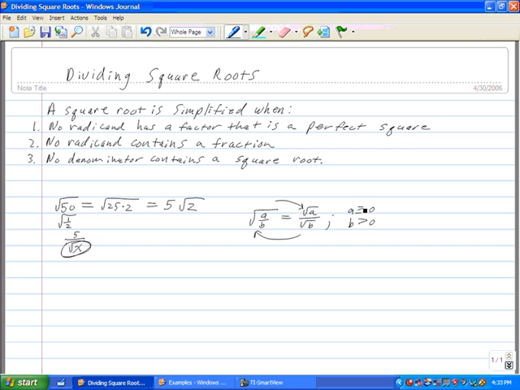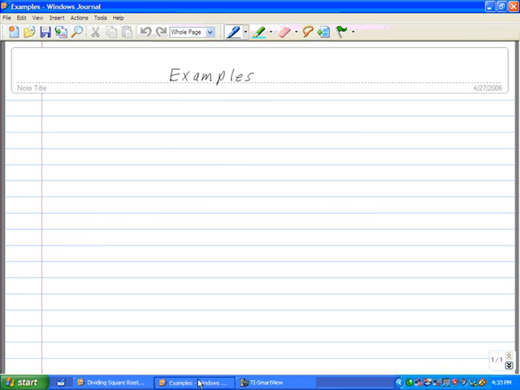Now, whenever you're working with a problem of this type, the first advice that I always give people is that if you see an opportunity to simplify a fraction, you're going to want to do it. For example, I see a fraction underneath this square root, so that is why it's not simplified.